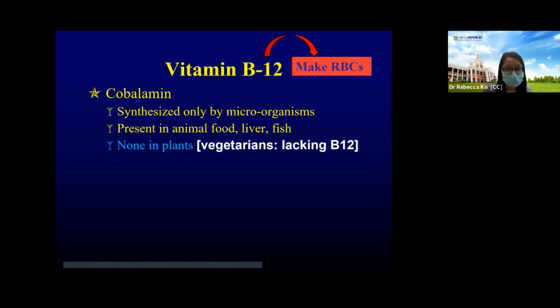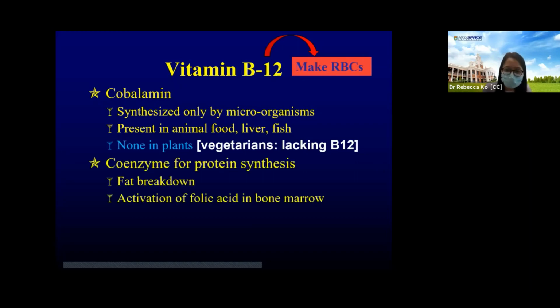Vitamin B12 is very, very important too. It helps us to make red blood cells. It's also a coenzyme for protein synthesis and helps us to break down fats. It activates folic acid. Usually, vitamin B12 and folic acid work together. In the bone marrow, if there's a deficiency, the problem is quite similar to the folic acid one.